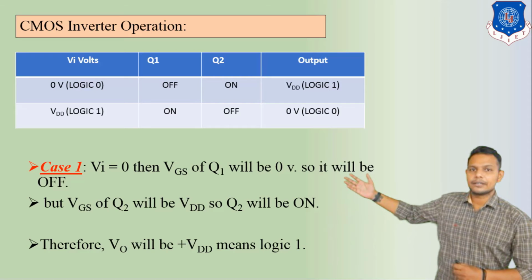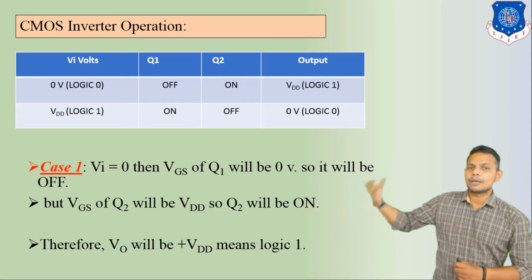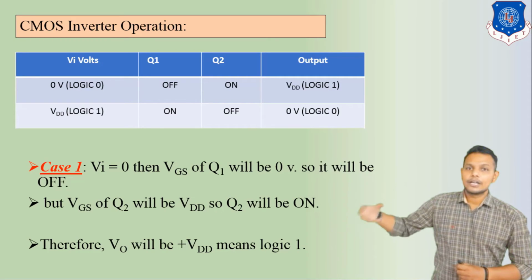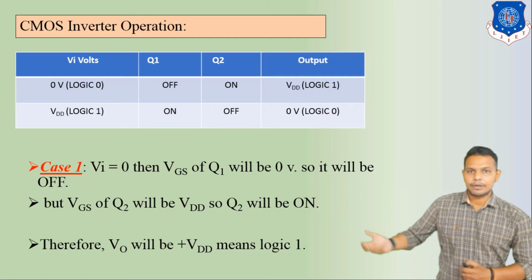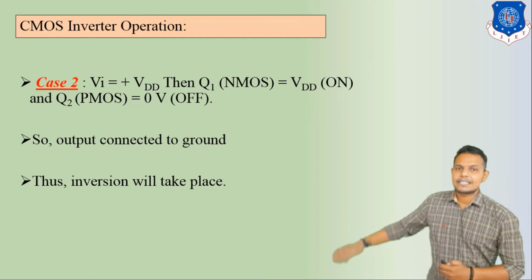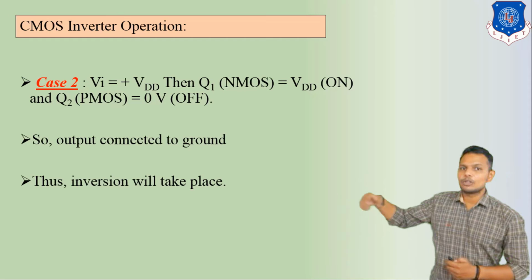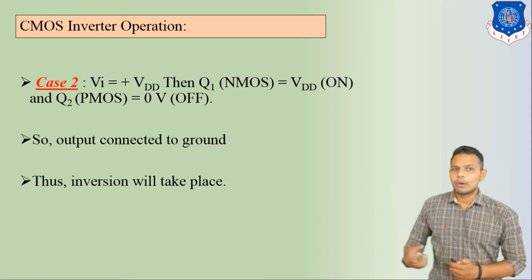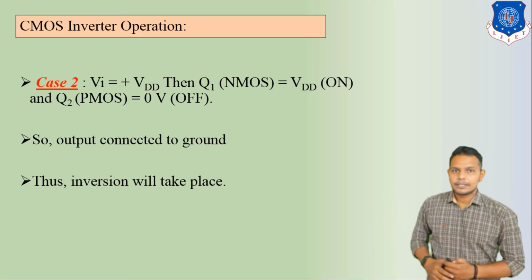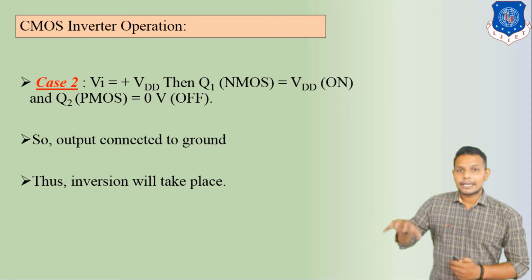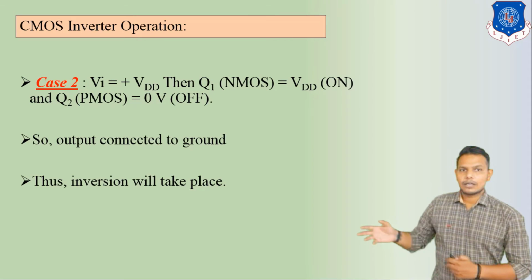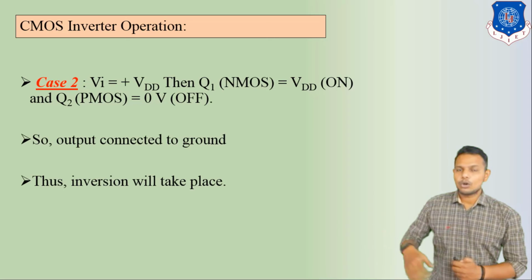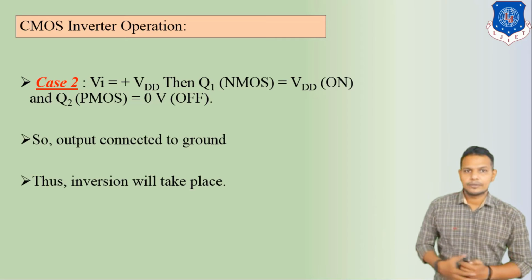Now we can see here case number 2. If we applied VDD, or we can say logic 1, then what happened? So here we can see if we applied Vi is equal to plus VDD, or we can say plus 5 volt, then Q1, that means NMOS, that means N-channel E-MOSFET, is on.